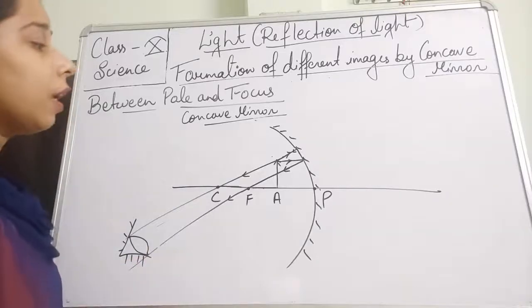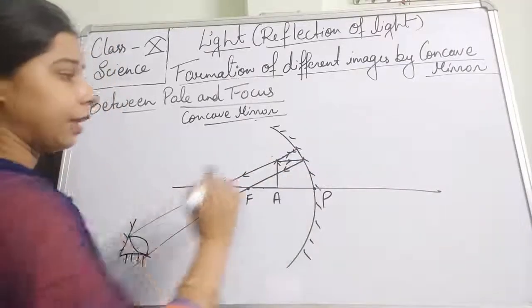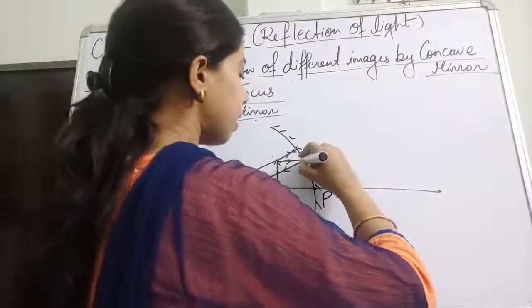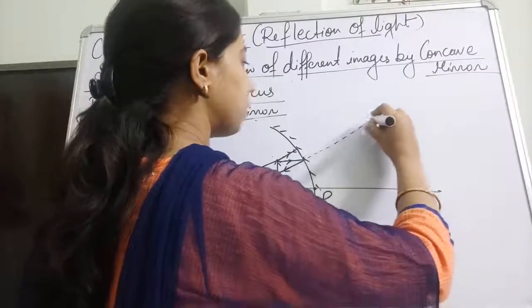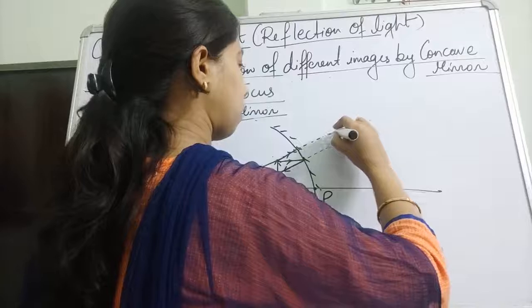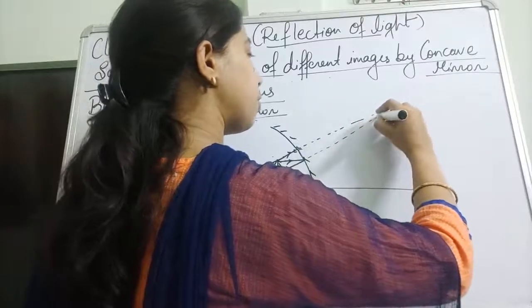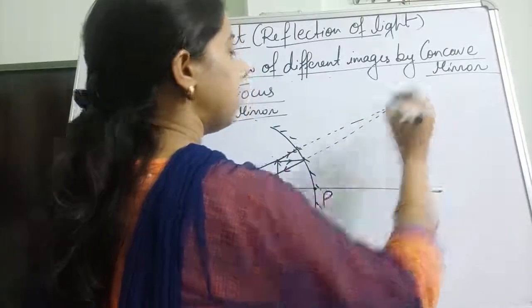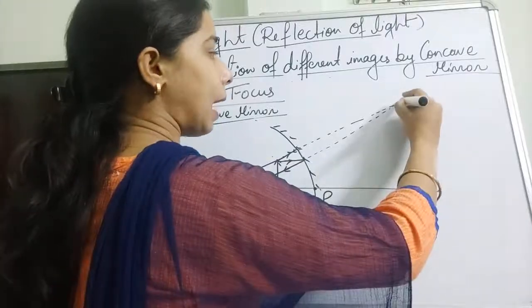If you see that here it gets reflected. Now, what we will do here, students, is stretch it back, and then you will find that these two meet at a point.